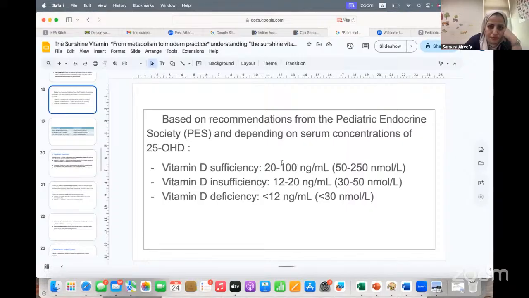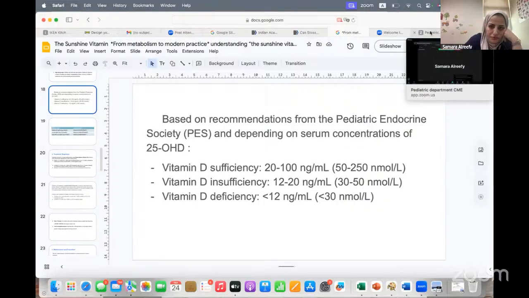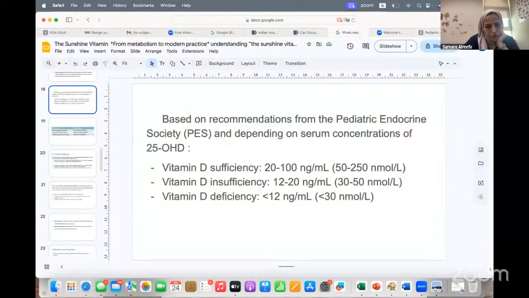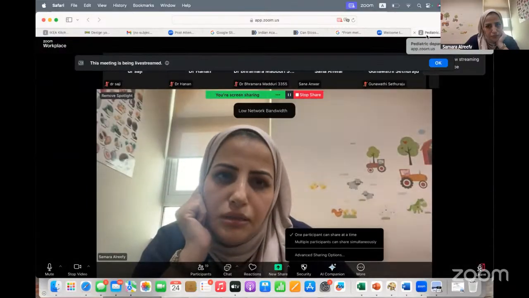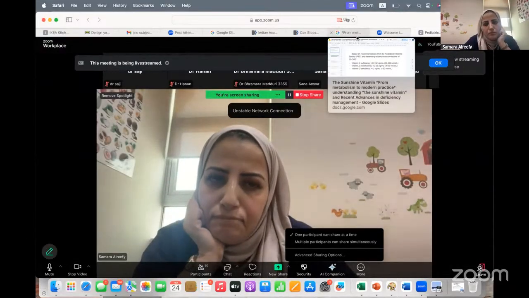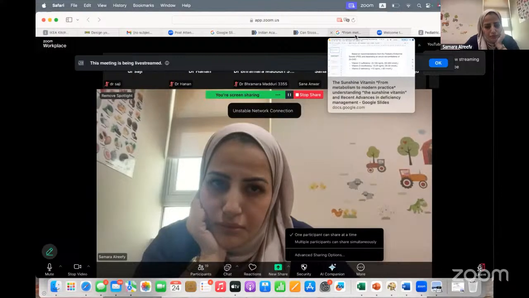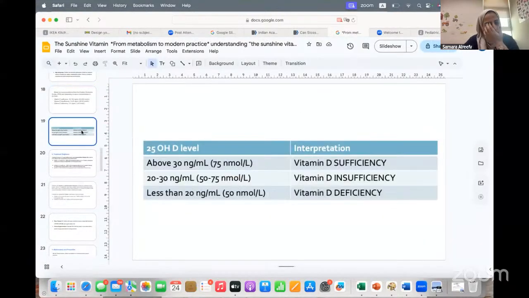Just a question on that, because on the blood report we get as part of our lab, I think it's the next slide that you have, we have those values as the level for deficiency and insufficiency. Yeah, I think this is the one that we have from our lab.